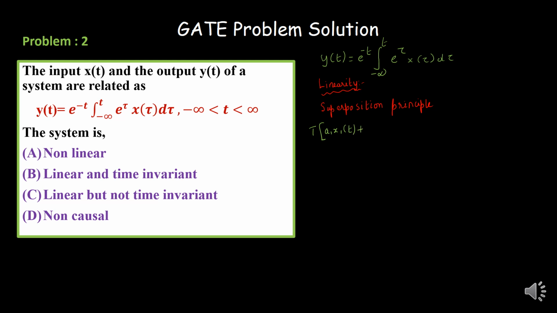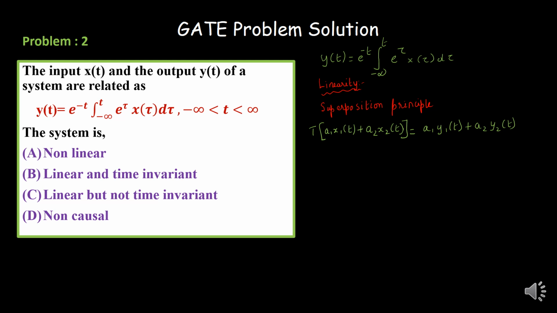Output due to weighted sum of input signals should be equal to weighted sum of output signals. So here x1 of t and x2 of t are the input signals, y1 of t and y2 of t are the output signals, a1 and a2 are the weighing factors.